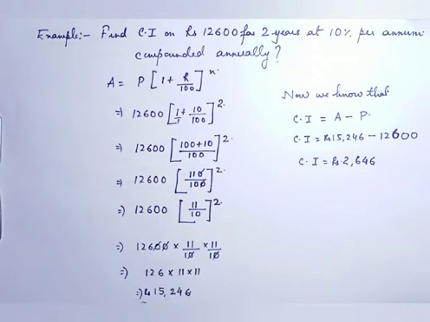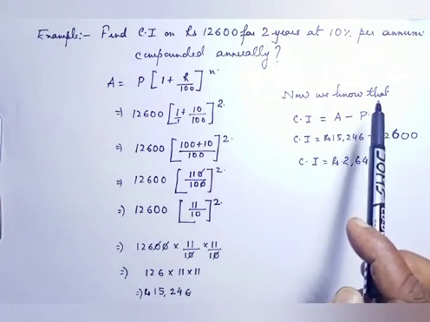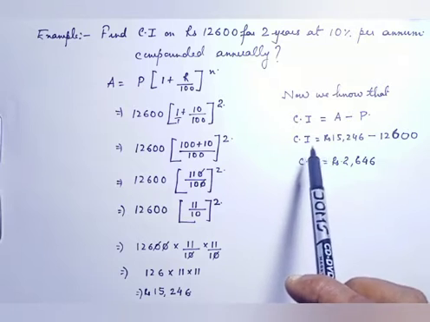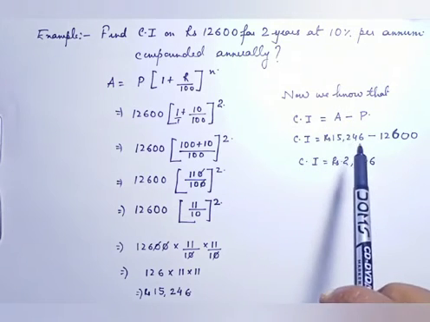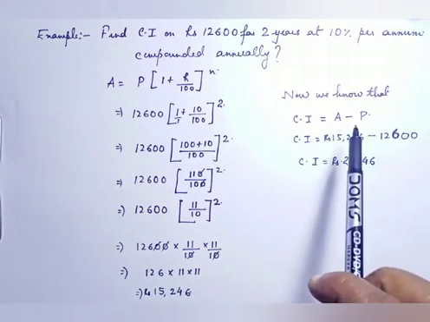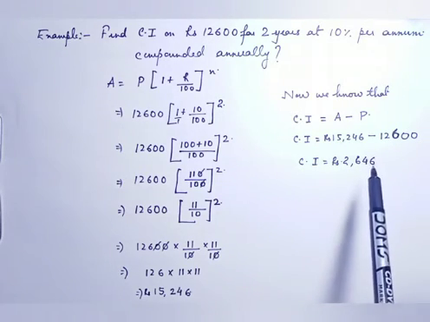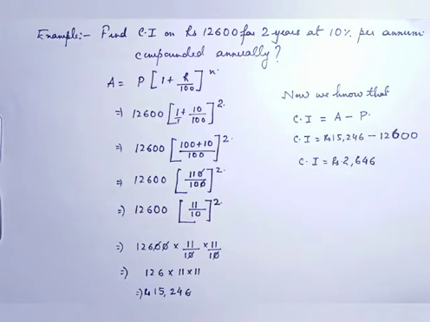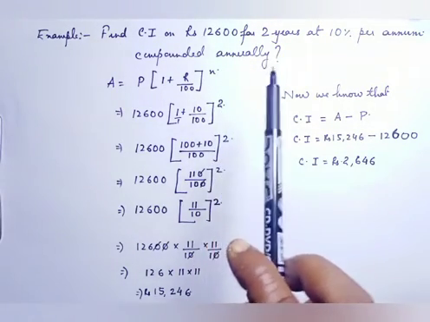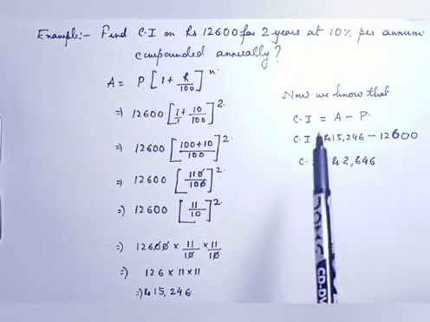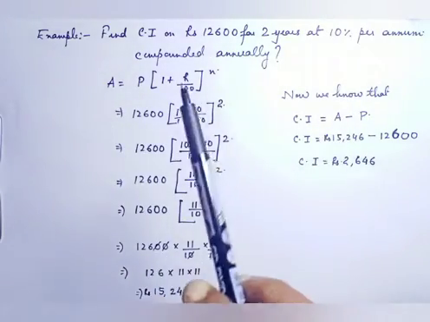When we simplify, we get the amount as 15,246. Now we know the formula that CI is equal to A minus P. So CI is equal to the amount, 15,246, minus the principal, 12,600. So CI is equal to 2,646. I hope this example as well as the formula to find out CI and amount is very much clear to everyone.